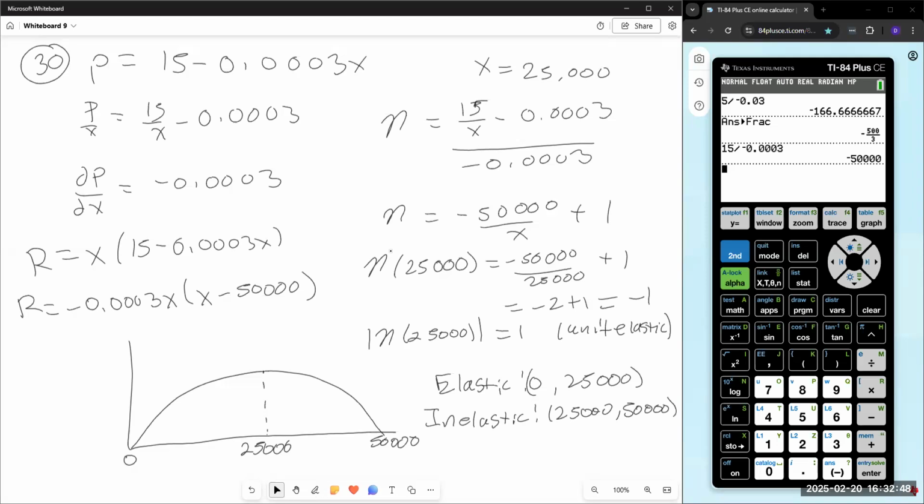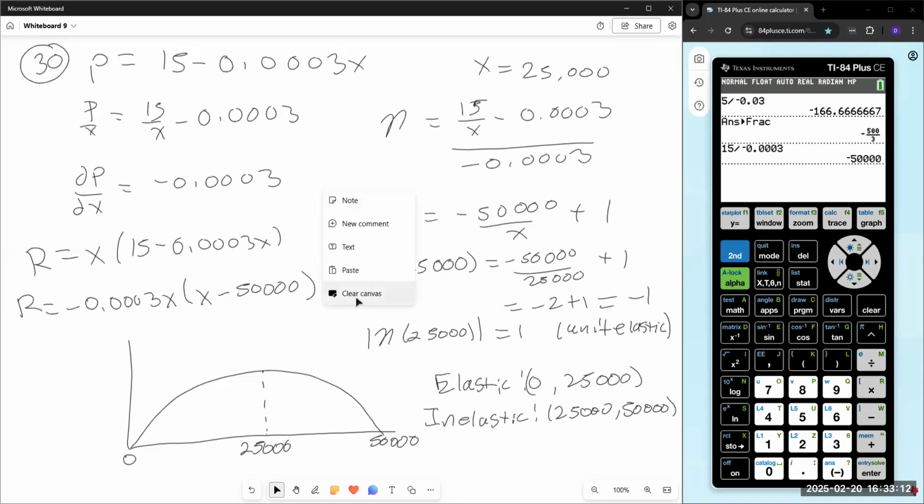Move on now to number 31. And no longer are we going to have nice demand or revenue curves that are parabolas that open down like that, because we're going to have nonlinear demand functions.